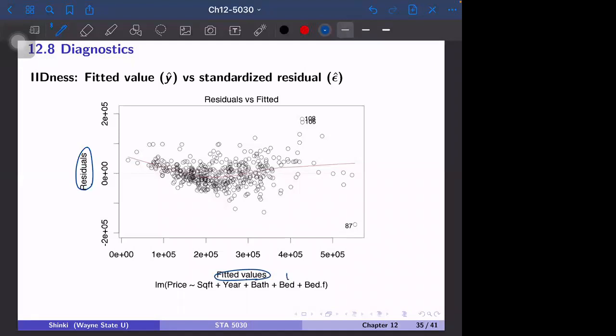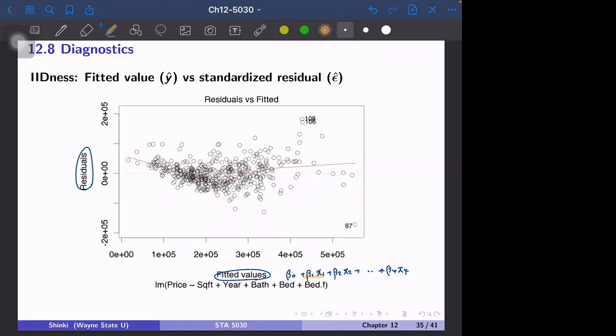For example, if we have 4 predictors, the fitted value is beta naught plus beta 1 times x1 plus beta 2 times x2 plus up to beta 4 times x4. It's similar to the previous one, because this is a linear function of x1, especially if we have one variable. So it's probably almost the same as the previous figure, just slightly linearly transformed.